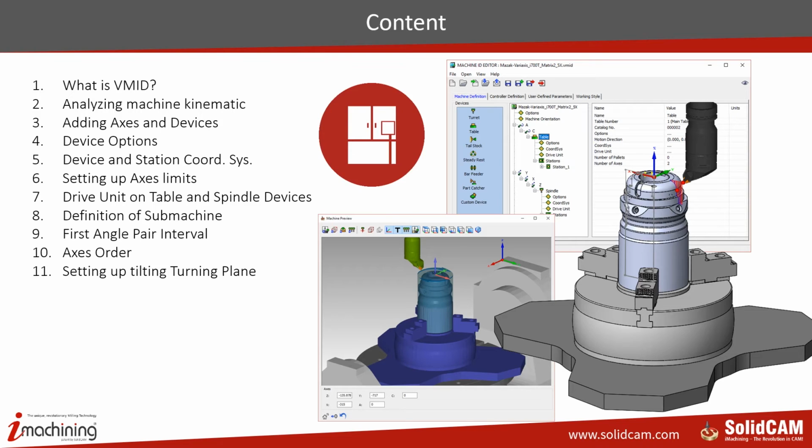And then we'll go towards how to set up the drive units on the table and the spindle, the definition of the submachine, how to set up the first angle pair interval, axis order, and the very last one, a new parameter, is how to define the tilting turning plane in the mill-turn module.